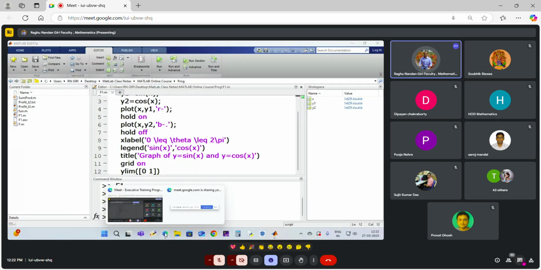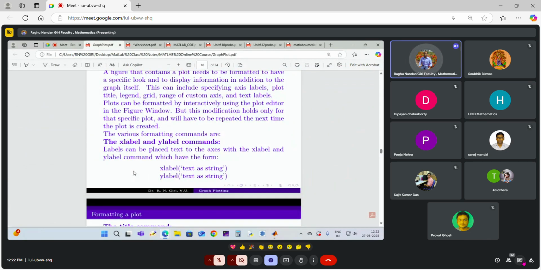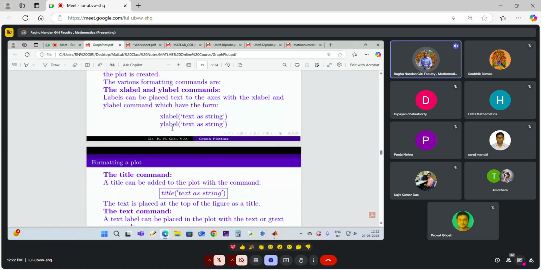Okay, sir. Next, I took the xlabel function. The argument is a string, whatever you want to mention as the label of the x-axis. It's the same for ylabel; the argument is also a string.